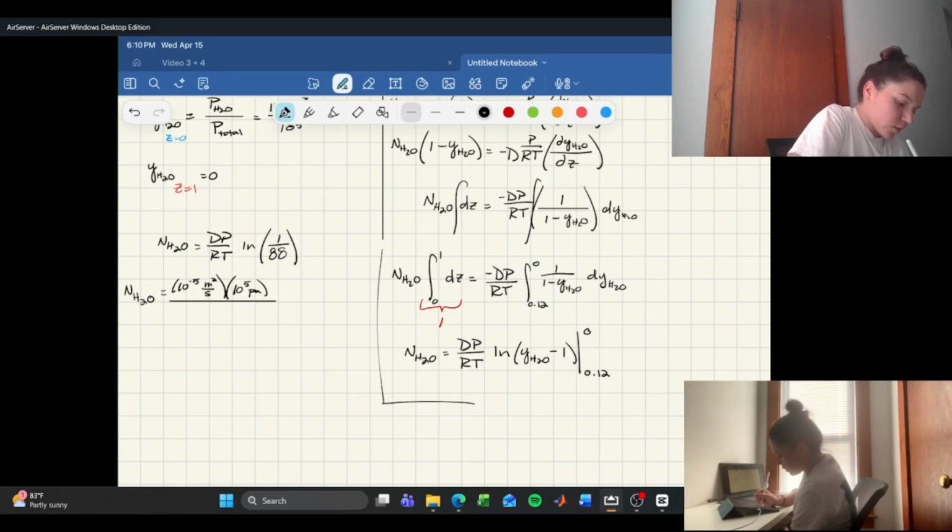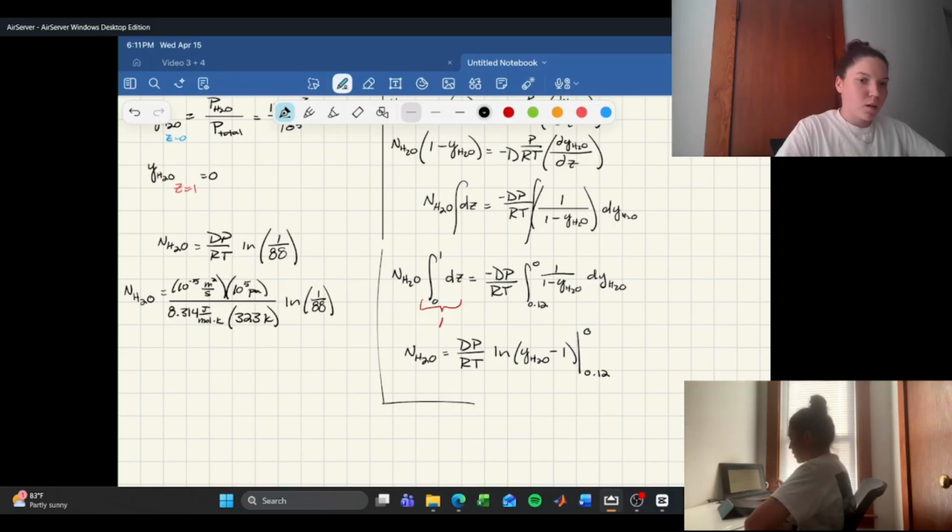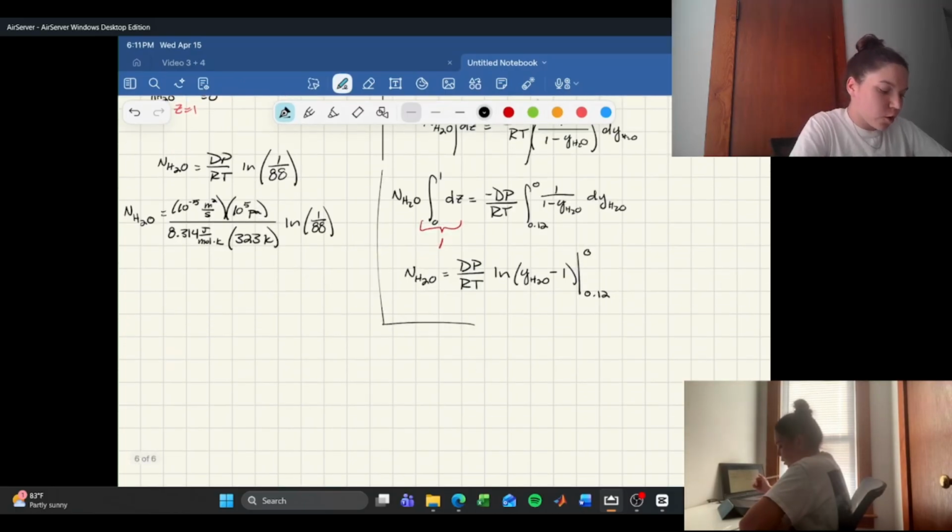The ideal gas constant is 8.314 joules per mole Kelvin. Temperature we said was 323 Kelvin. And then we have the natural log of 1 over 88. Alright. And then we have some issues with our units.